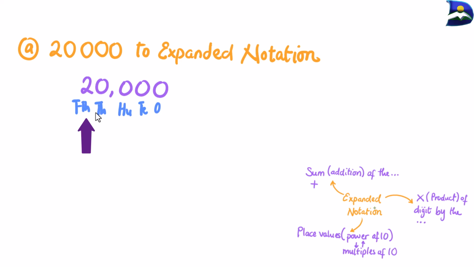And therefore, we are going to show the digit, which we have to be 2. We're going to write our 2 first. We are going to multiply it by the place value, which is in this case 10,000s. And so we're going to write times our place value, which is 10,000s.